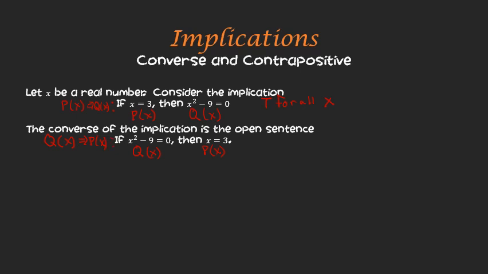And you might think this one's true, but on further analysis we'll see that this is actually false for some values of x. So when x is 3, let's look at the implication Q of 3 implies P of 3. That would be the statement: if 3 squared minus 9 equals 0, then 3 equals 3.